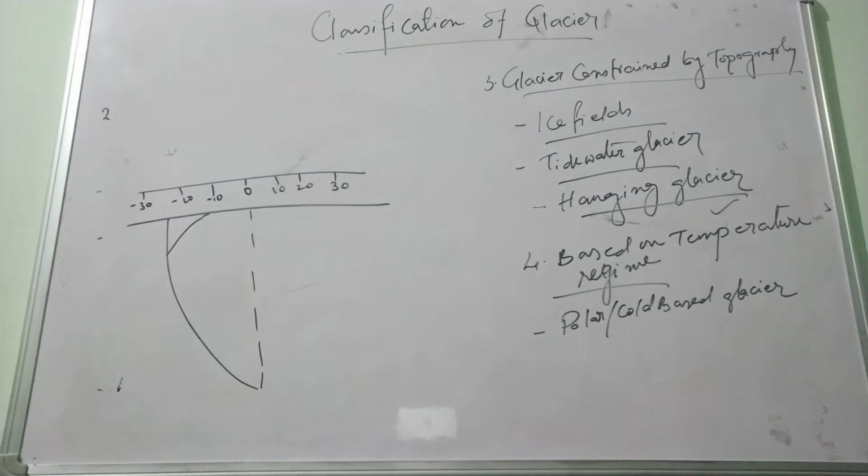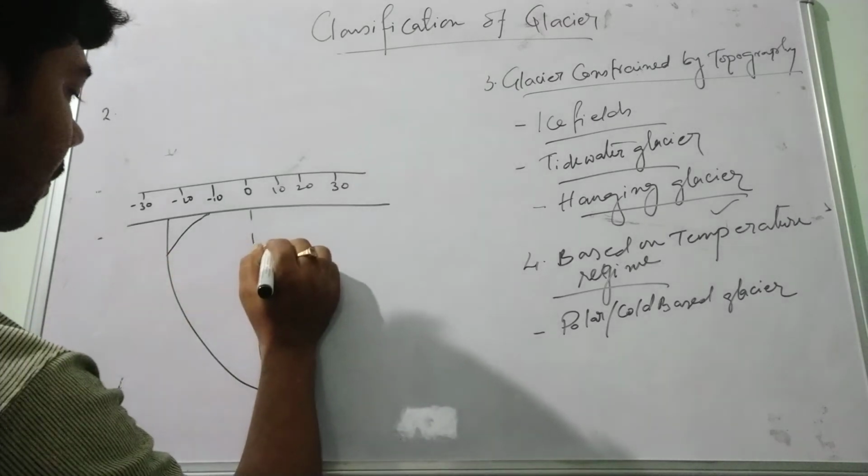Polar or cold-based glaciers occur in very cold environments such as Greenland and Antarctica, and these glaciers are frozen to the bedrock beneath, and melting only occurs at the surface during the short summer season.